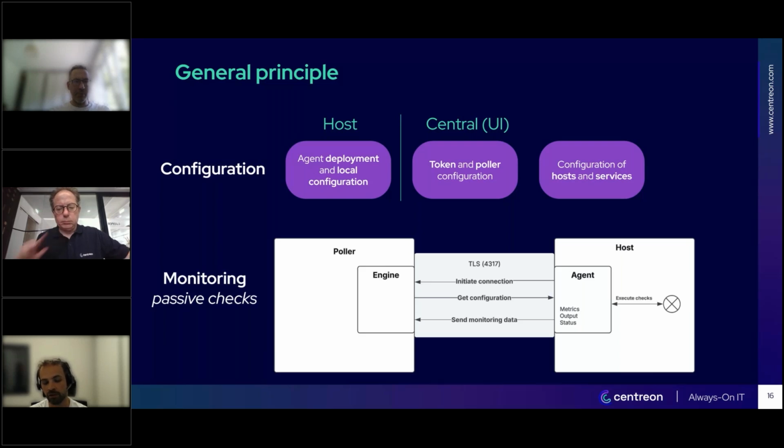Once the secured connection is established, the communication is both ways. The engine will send the configuration to the agents each time the configuration is updated by a configuration expert. And the agent will execute the checks and send monitoring data to the engine, which will store and process it, and go on to the alerting, etc., like all the data in Centreon.